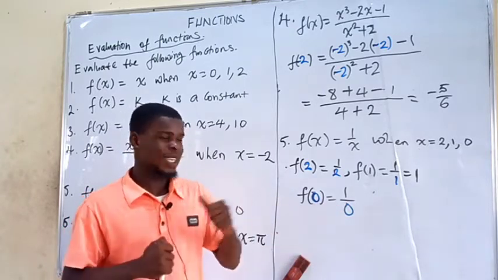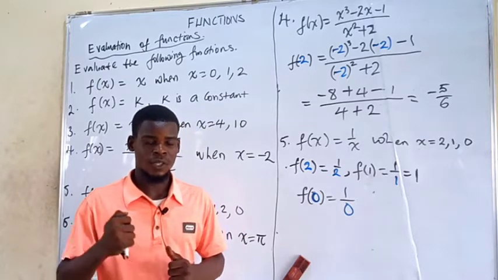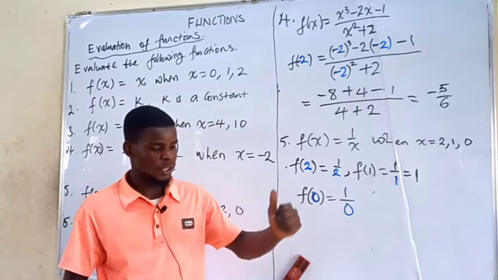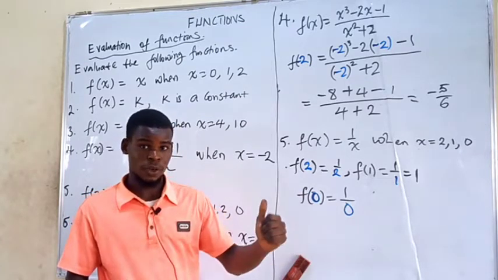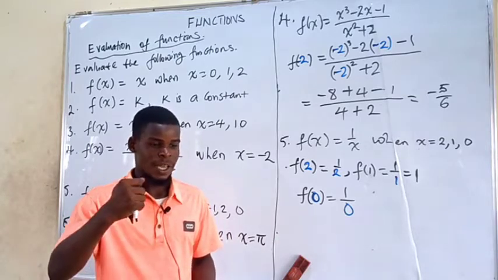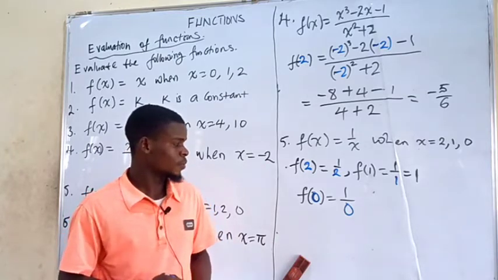Now, in our previous video, we talked about functions. We talked about range. So when you plug in something, it gives you a result. The thing you plug in is called an element from the domain. That is the input. What you get out is an element from the range. That is the output.